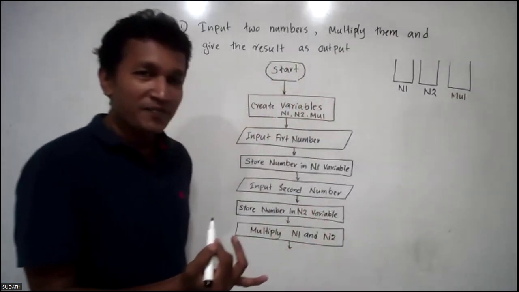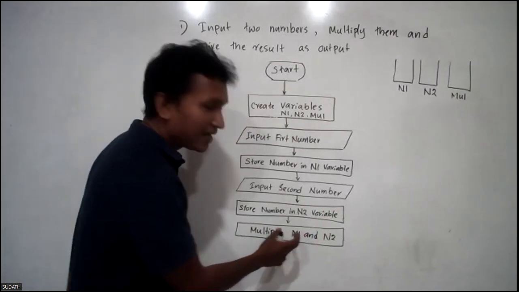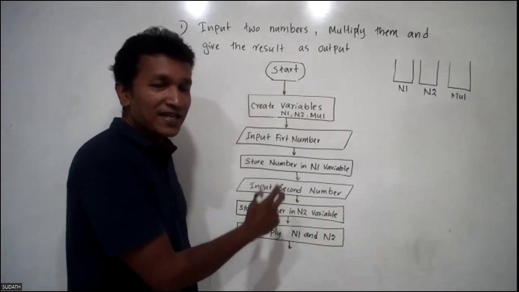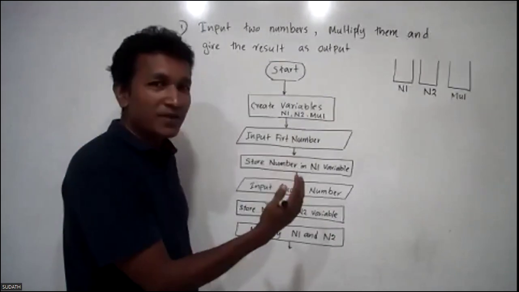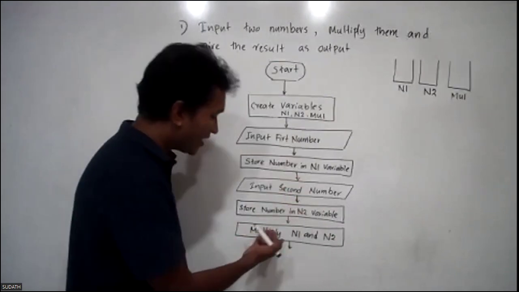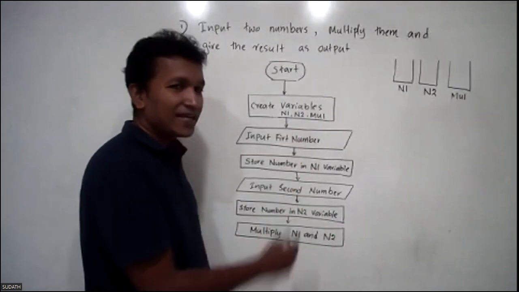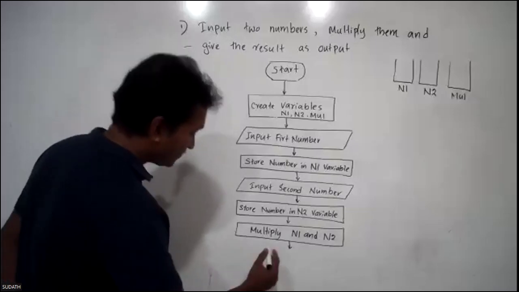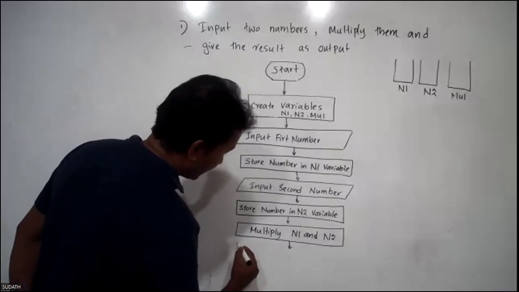We have the multiplication of these two numbers, and we have to store the result in another variable.